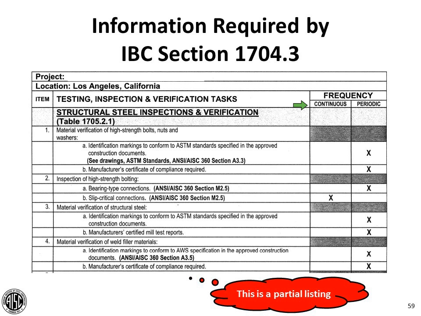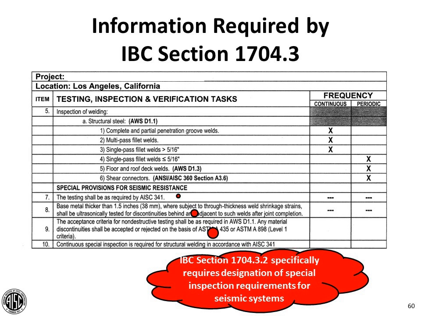And most of this information would be derived from a review of AISC 360 Chapter N and AISC 341 Chapter J. And as I mentioned at the bottom, that was just a partial listing.